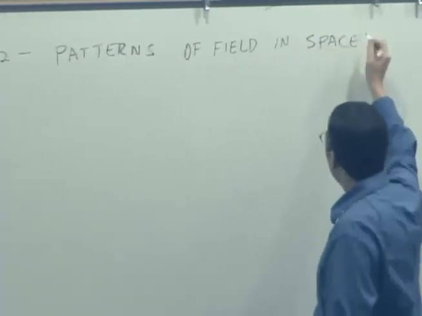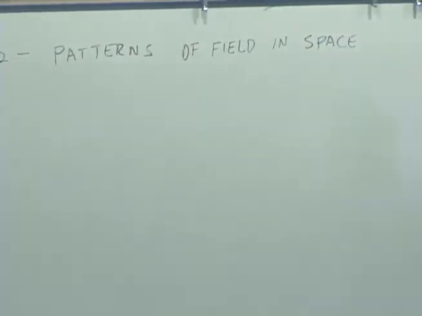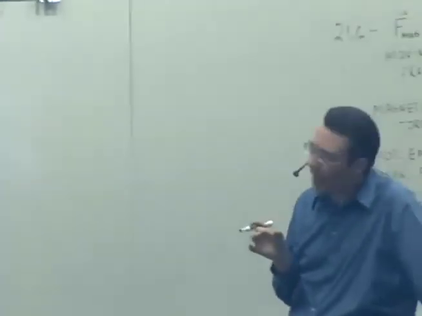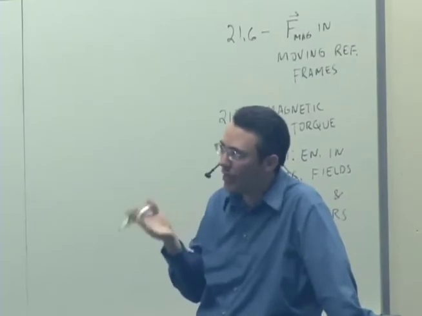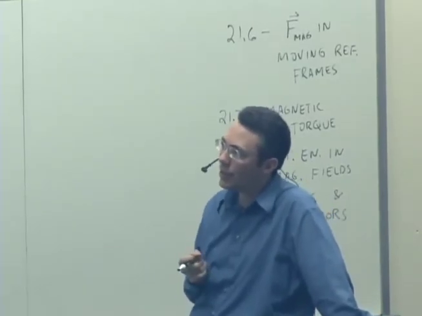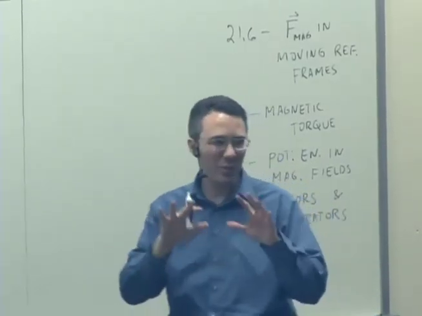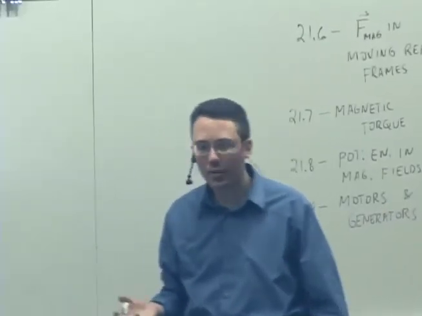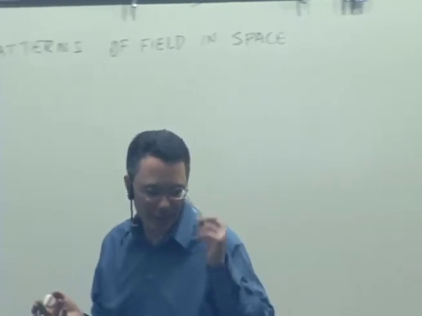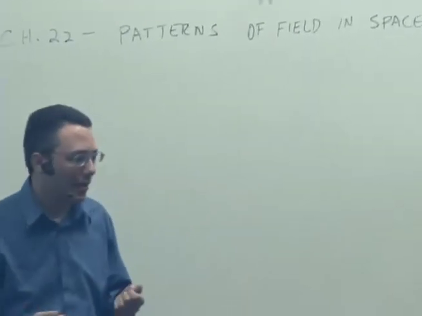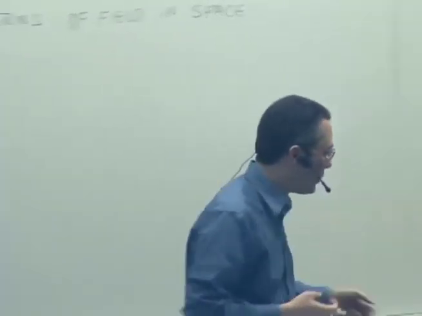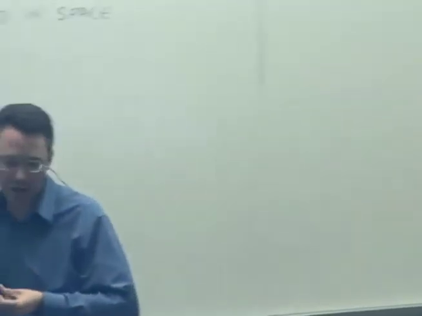And so we've been focusing a lot on electric and magnetic fields at particular observation locations and looking at charges at those observation locations and seeing how those fields affect those individual charges. We're going to be taking a more global picture now, looking at overall patterns in space of electric and magnetic fields, and then using some ideas from geometry to lead to different relationships between field and charge.